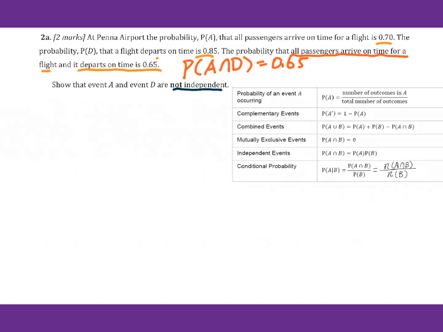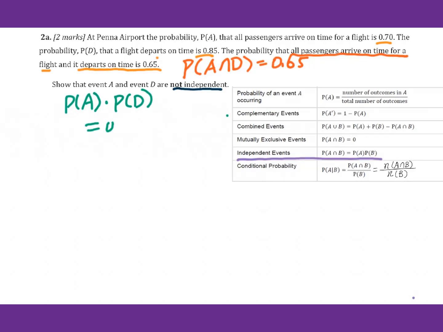This formula is given when you take IB exam. We said it's independent event. You have to prove a probability of intersection equals the product of those two probability. Therefore, you will figure out the probability A times the probability of D equals 0.70 times 0.85 equals 0.595.